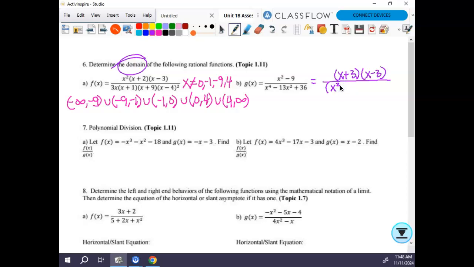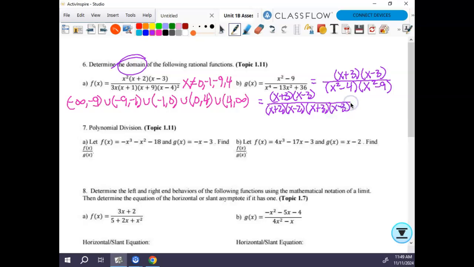And 36 would be 4 and 9, so minus 4, and then x squared minus 9. And then I can factor that some more and get x plus 3 times x minus 3 over x plus 2 times x minus 2 times x plus 3 times x minus 3.